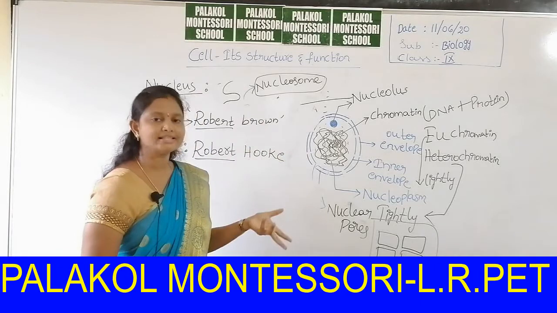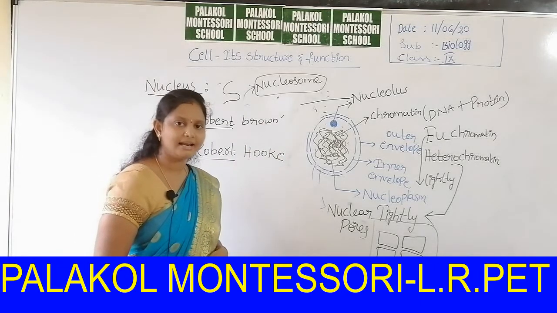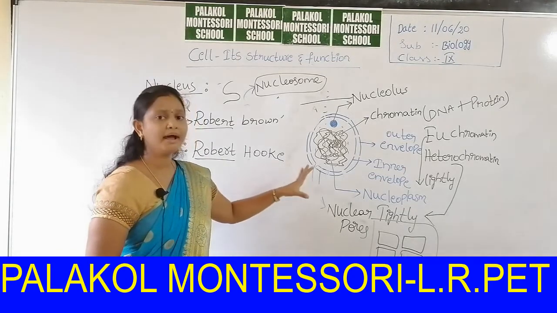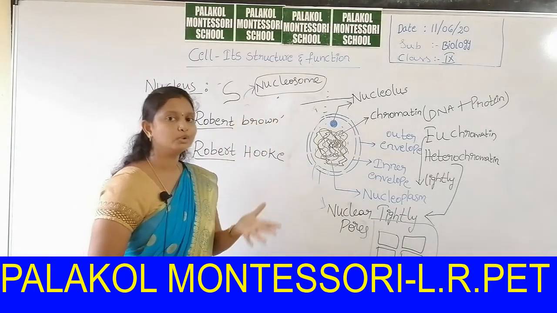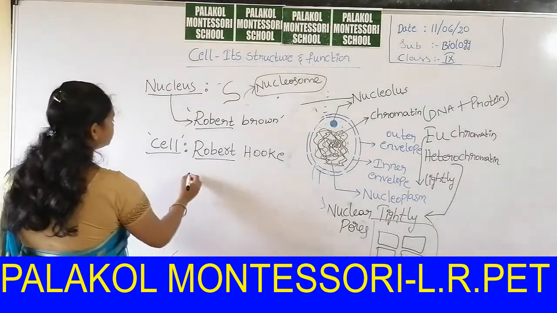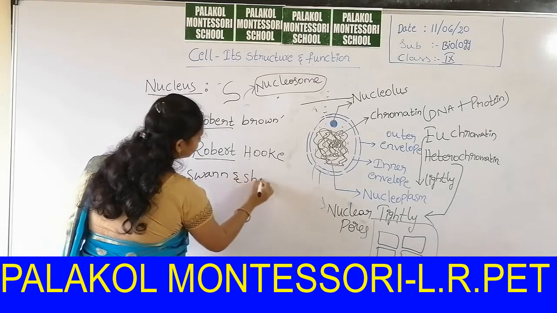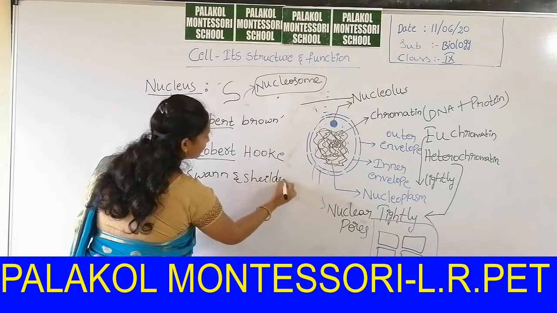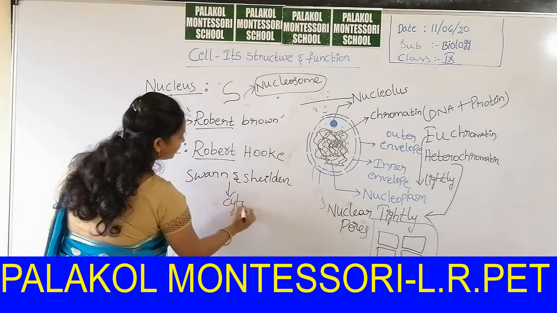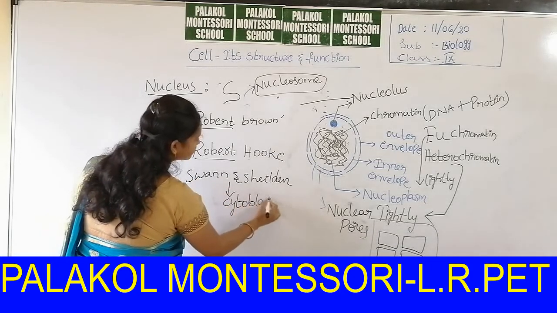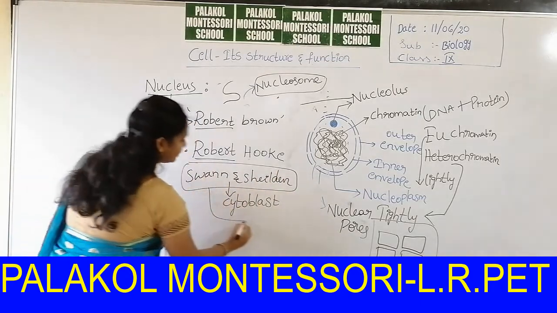Before Robert Brown, many scientists recognized the nucleus as dots present inside a cell. Before Robert Brown, two scientists, Schwann and Schleiden, named the nucleus cytoblast.